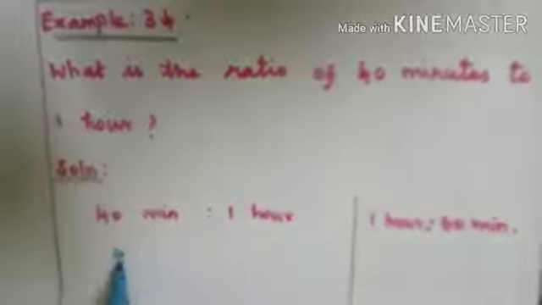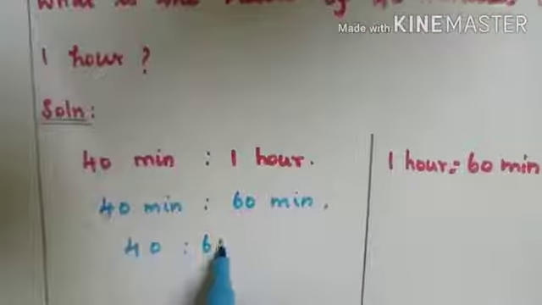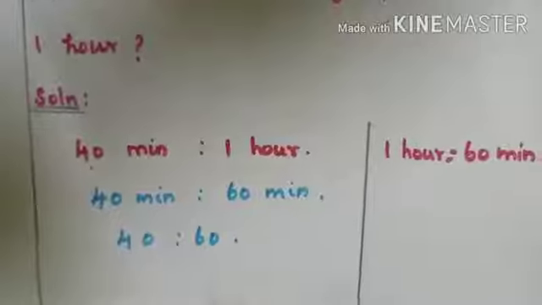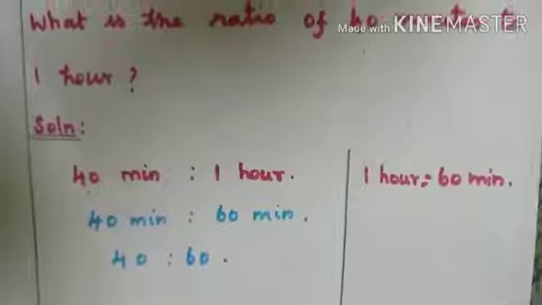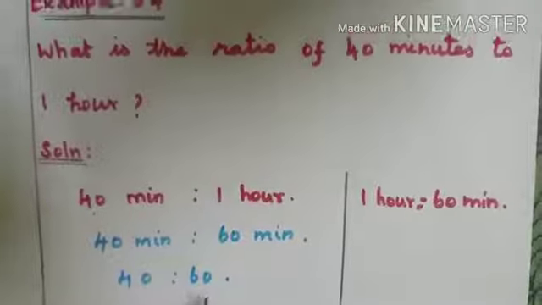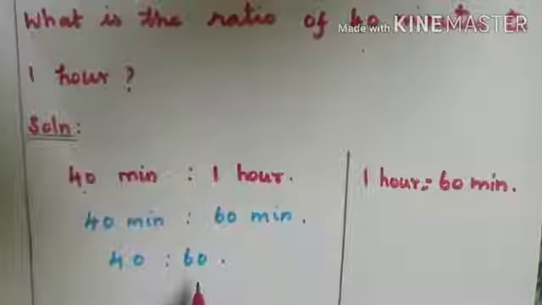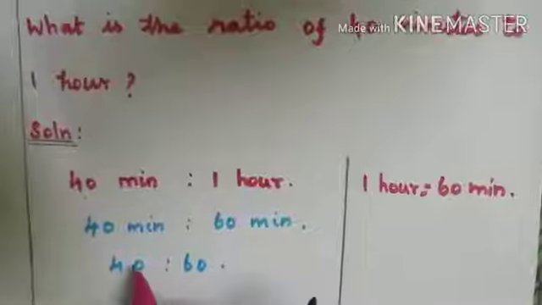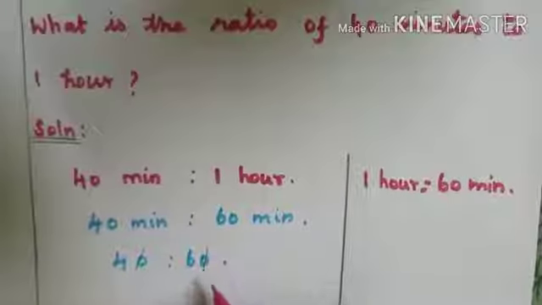Therefore you see here 40 minutes is to 60 minutes. Now we have converted both to minutes. Now see here 40 is to 60. What I told, we can strike the 0, otherwise you can strike it in the 10 table, in the 20 table, in the 5 table, 2 table, 4th table, etc. Now we are going to cut 0 0.